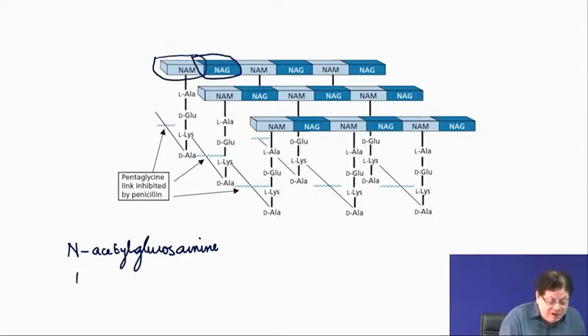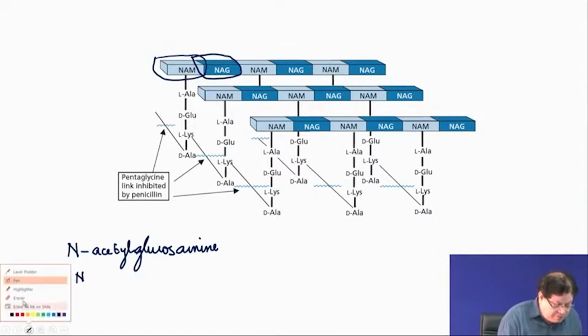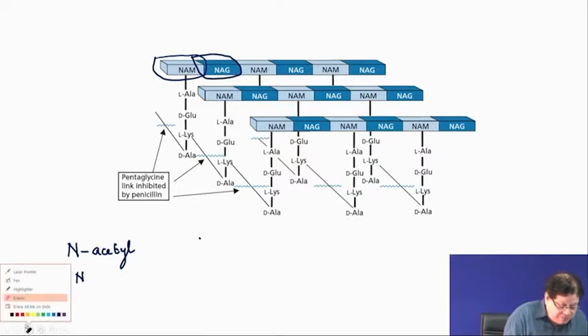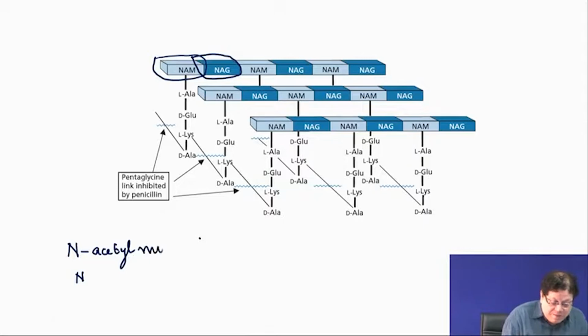This is called N-acetyl, NAM is N-acetyl, extremely sorry, that is actually N-acetyl muramic acid, NAM.